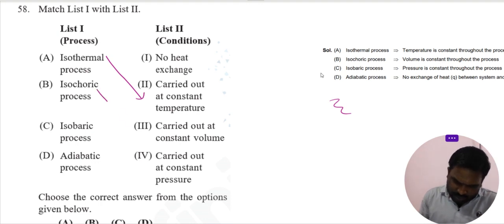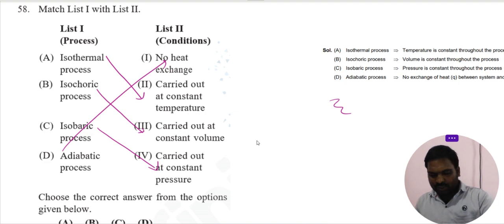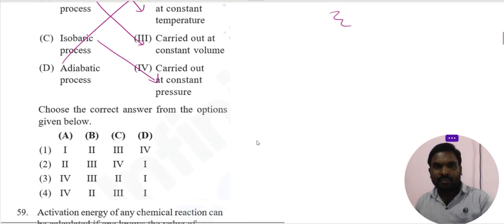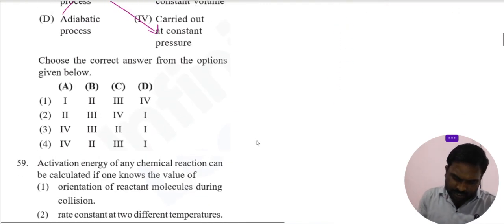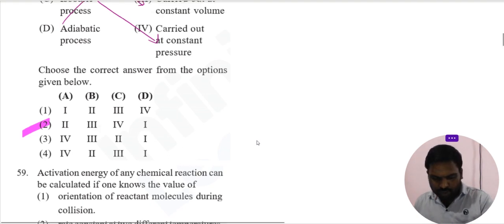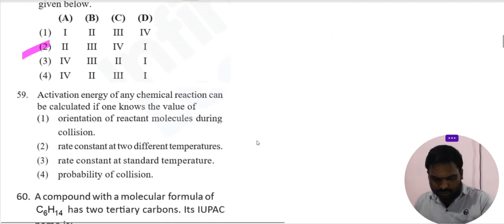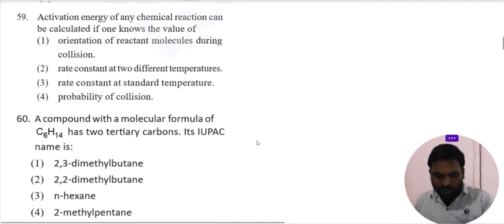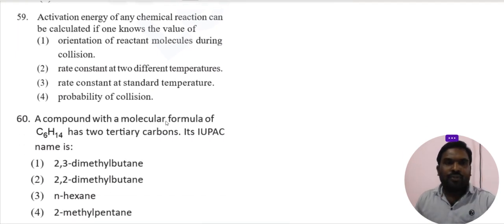Isochoric process, volume constant. Isobaric process, pressure constant. Adiabatic, no heat change. So which one is the right answer? Option 2 is the right answer. Very easy question. Now coming to question 59.